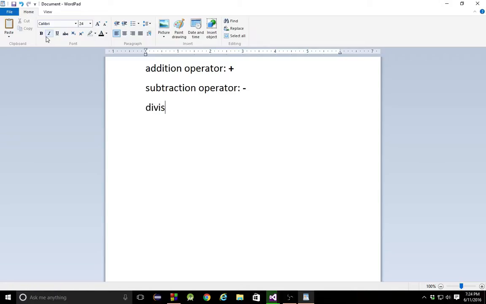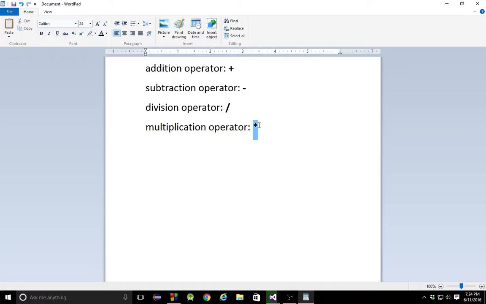And then a division operator is simply a forward slash. And multiplication operator is an asterisk.